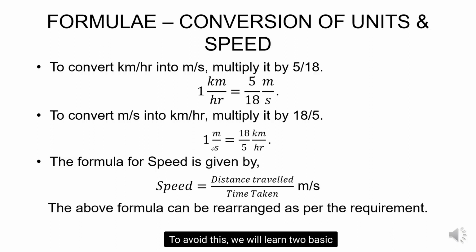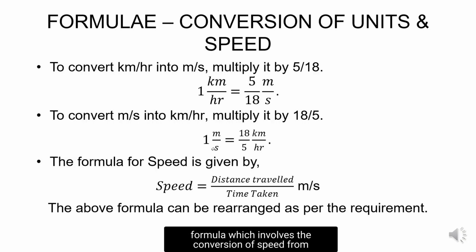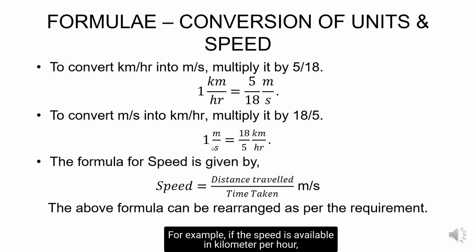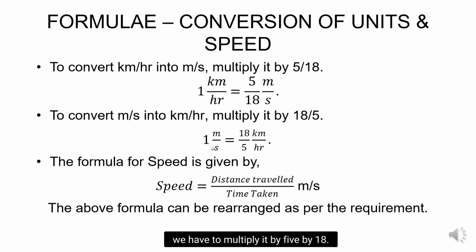To avoid this, we will learn two basic formulae which involve the conversion of speed from one metric of unit to another. For example, if the speed is available in kilometer per hour and if we want to convert it into meter per second, we have to multiply it by 5 by 18.